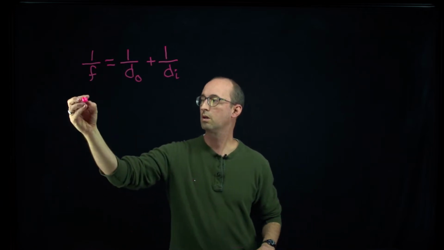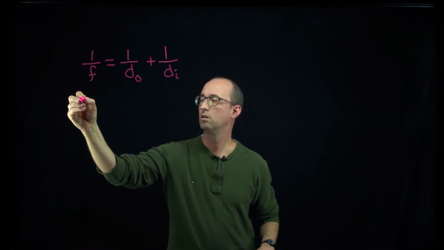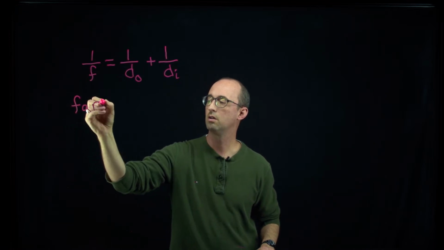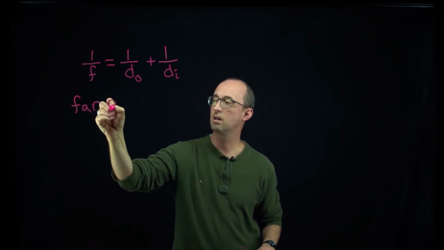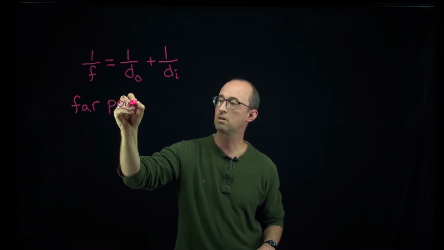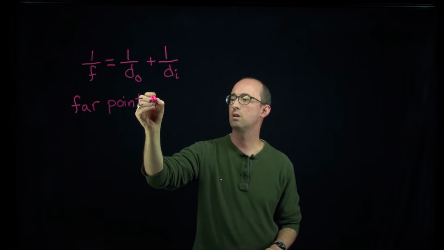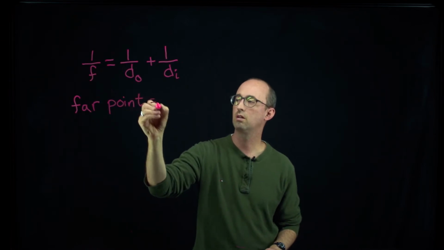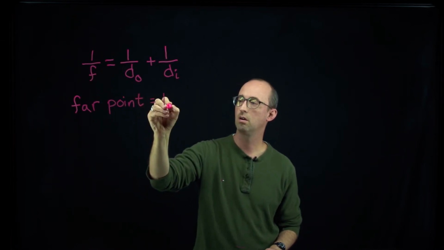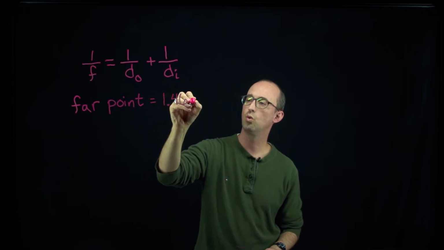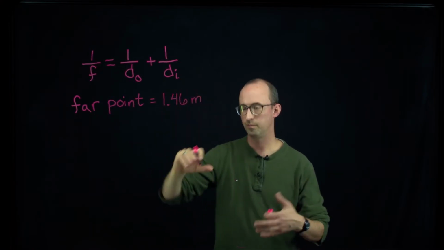So we're going to go through how to figure out the lenses needed to fix the vision of somebody who's nearsighted. And we're going to make an assumption here. I'm going to say that the far point for somebody is 1.46 meters.